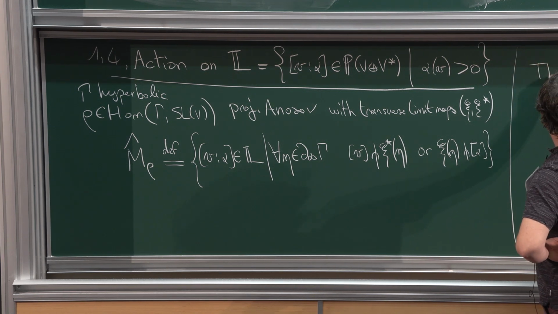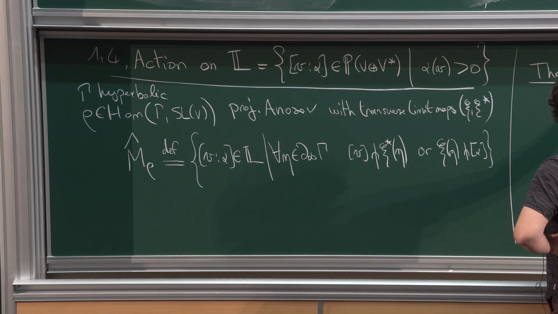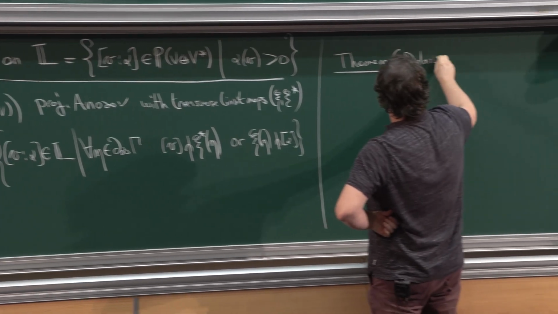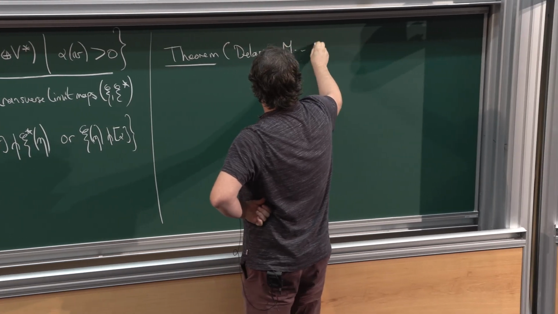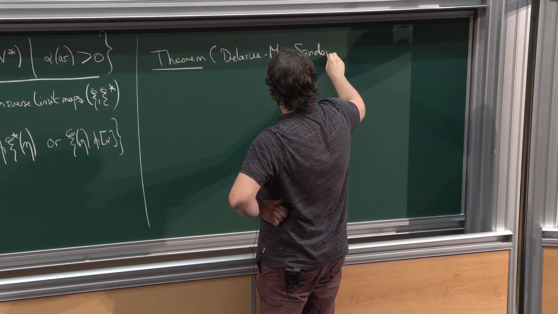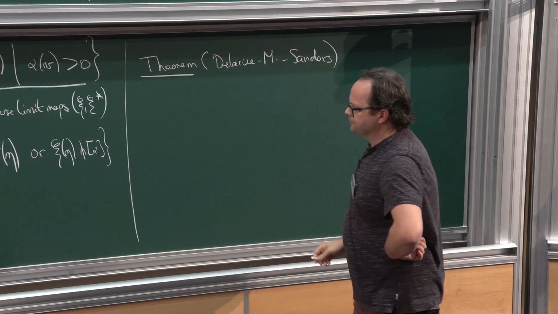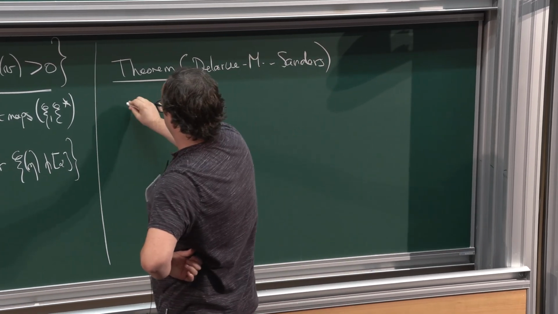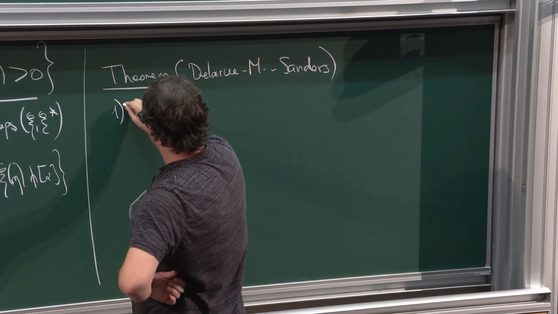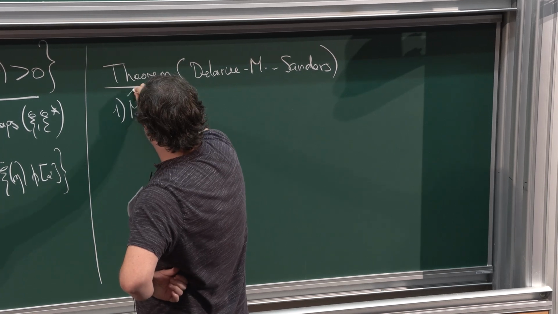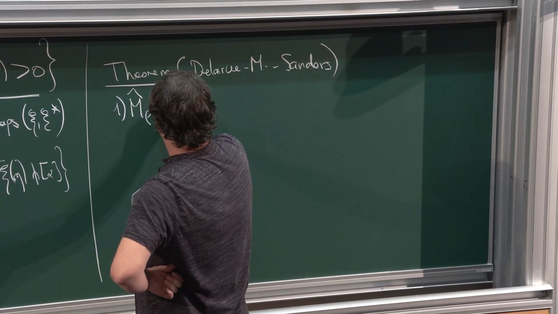Okay, the theorem here. So still Delarue, myself, and Sanders, would be that first, the easy part, that M rho hat is open.